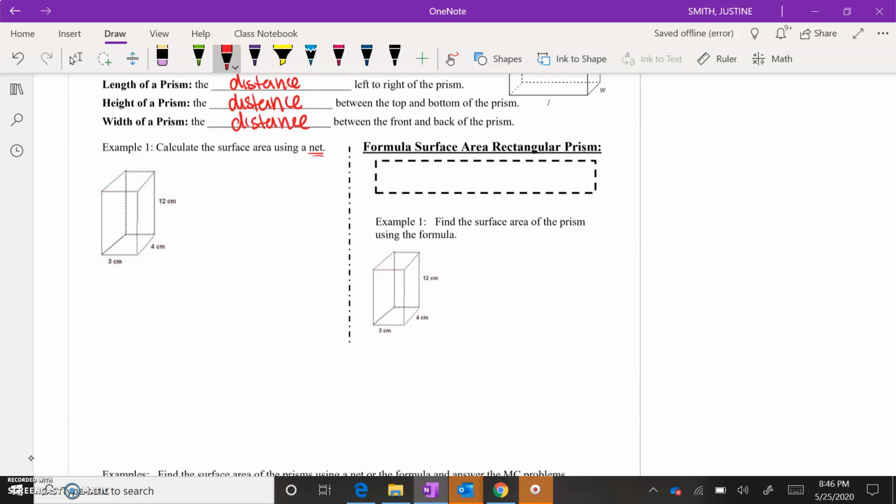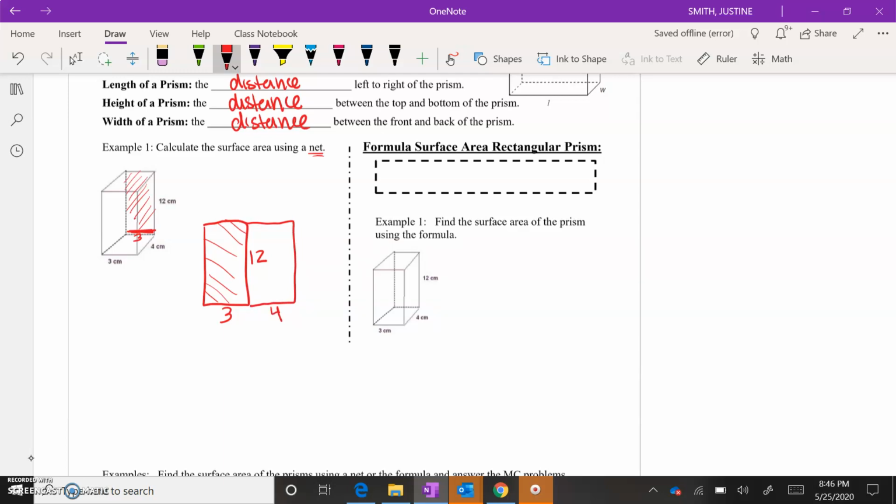So for example, if I pick this base in the back, this rectangle in the back, that's 12 by 3. Here's the space in the back, and I start unfolding from there. I'm going to take this side and unfold it. This is 12 by 4.